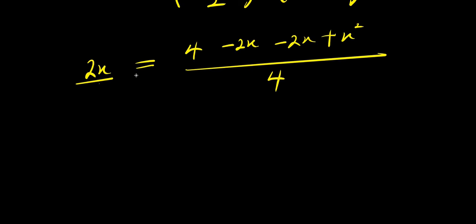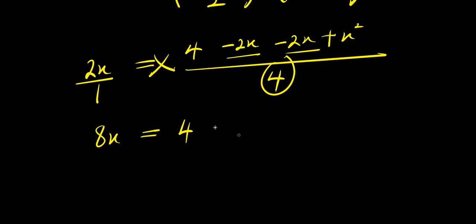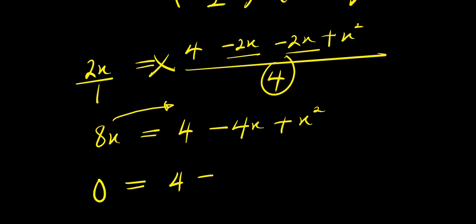So this is over 1, we cross multiply. 4 multiplies x, that is 8x equals 4, minus 2x minus 2x, that is minus 4x, plus x squared. We move this over here, as 0 equals 4, minus 4x plus x squared, minus 8x.